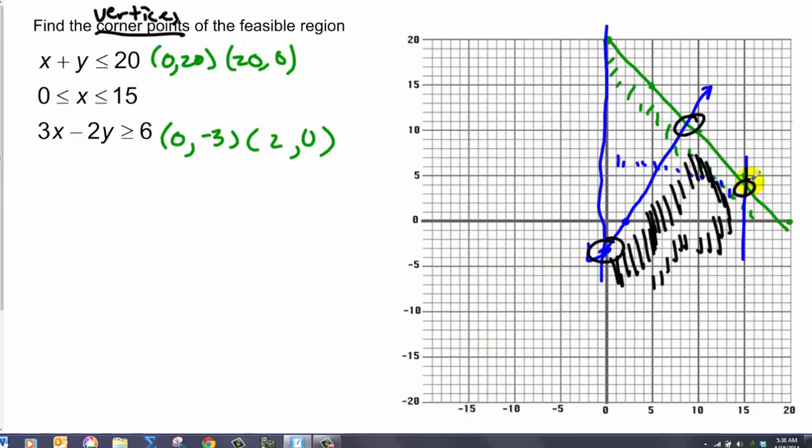I know I have an x value of 15 intersecting this first line. So if I know x is equal to 15, I have 15 plus y is equal to 20. So y would equal 5. So one corner point is 15 and 5.